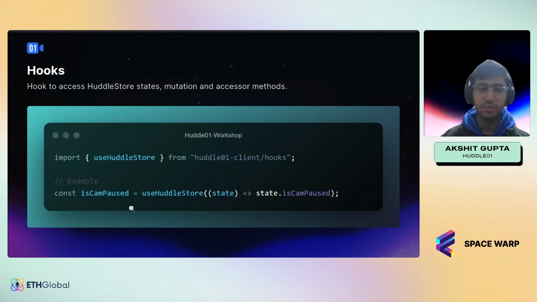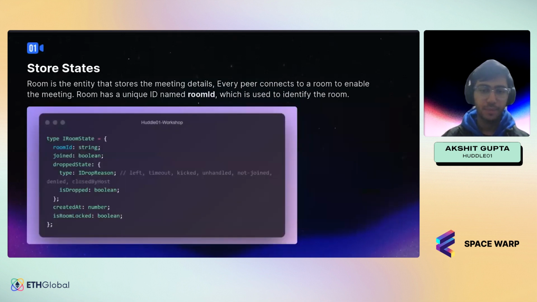This returns you the cam state of your peer. Then we have the schema types. These are all included inside the submodule of the schema, which I described before. This is the room state type, which you'll also find in the schema.